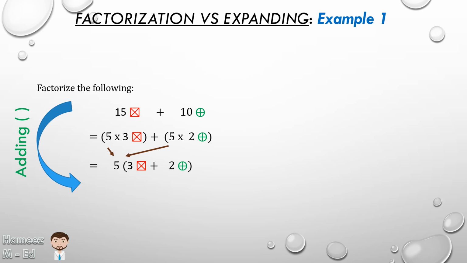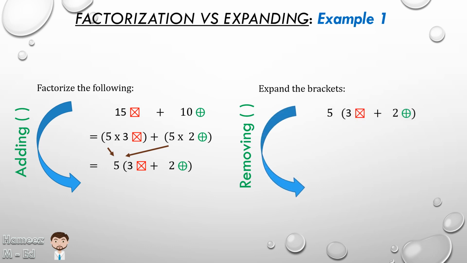Now, if the question was to expand the brackets, what that would mean is that we have to remove brackets. So the first line will have brackets in it. Here it is, 5 brackets 3 squares plus 2 circles, which is exactly the last line in the one on the left. So how do we do that? We draw a little arrow on top here, which indicates that we have to multiply 5 times 3 squares.